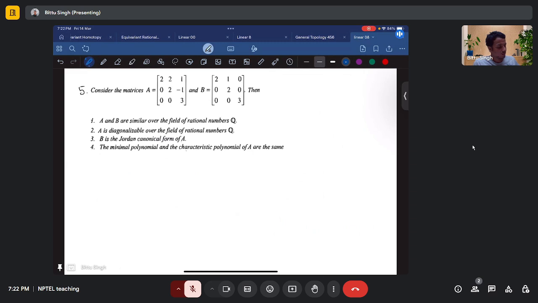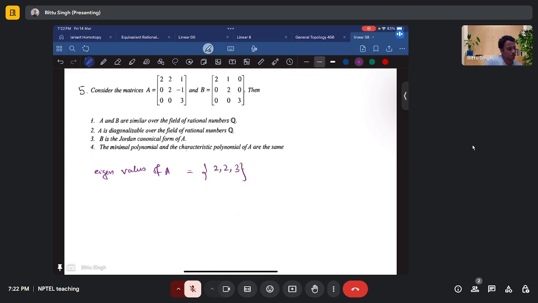We need to see whether A is diagonalizable or not, and B is the Jordan canonical form of A. So let us see what the Jordan canonical form of A is. The eigenvalues of A are 2, 2, 3.